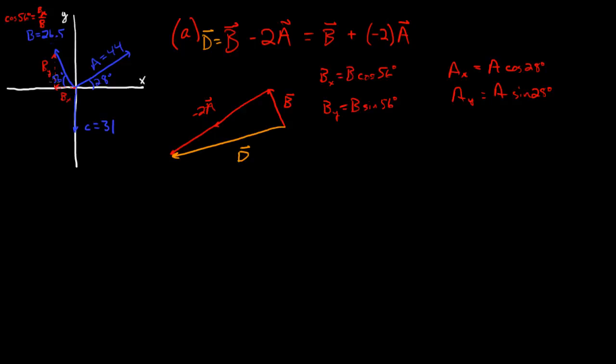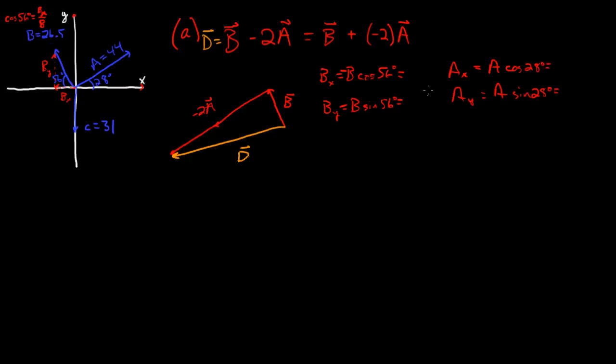See, that's increasing y, and this is increasing x. But Bx actually points in the negative x direction, so we actually do need a negative there. With that though, you can plug this into your calculator, you get some number out, and the units don't have any dimensions, so you just plug it into your calculator, write down the numbers.